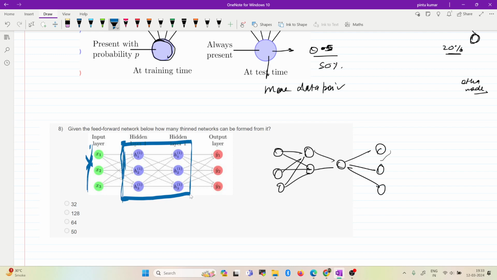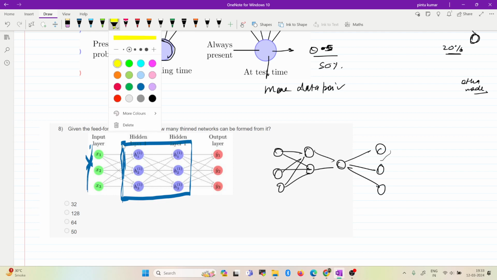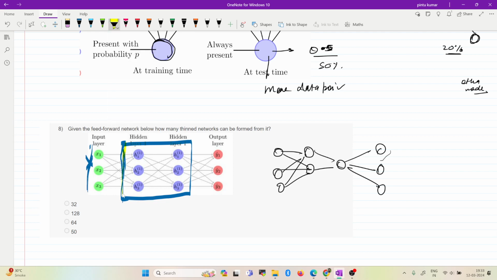64. Okay, others can also try. I'll try to motivate how you can approach this question. For every node in the hidden layer, you can either keep the node or remove the node.